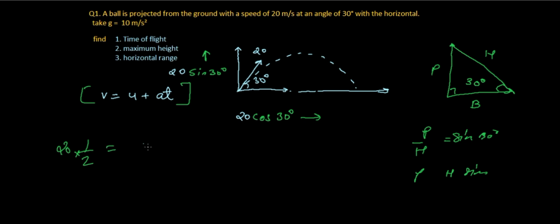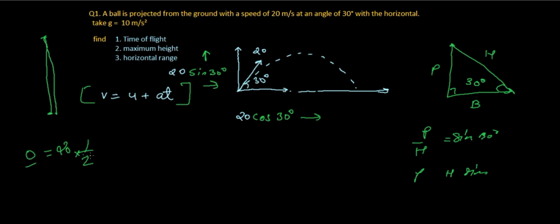Final velocity would be 0, because the object will go up and come down. So we will find the time taken to reach from this point to this point and multiply it by 2. So final velocity here is 0.